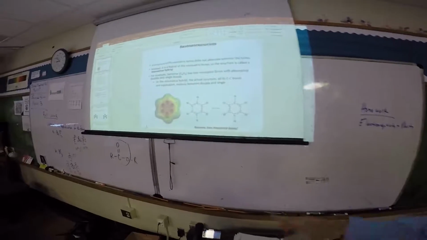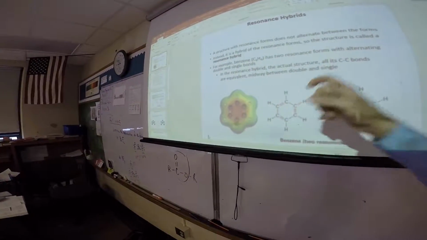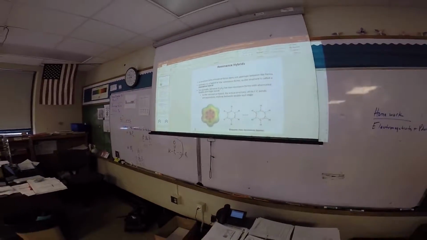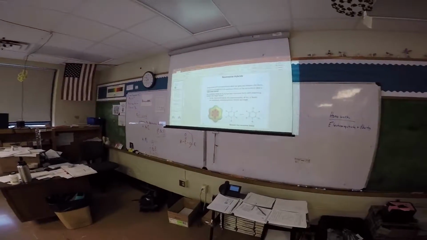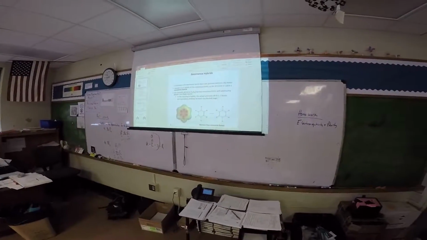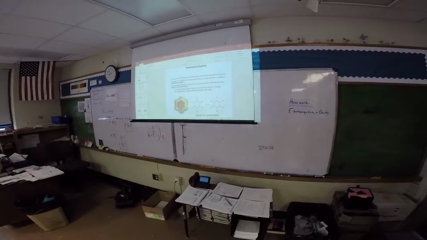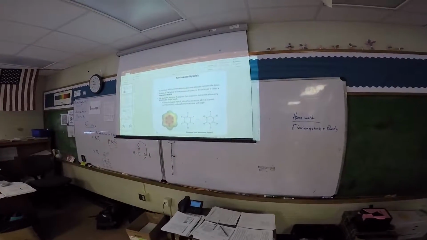So you can see here that when you see the dotted line, they're putting a solid line here. A structure with resonance forms does not alternate between the forms. Instead, it is a hybrid of the resonance forms.